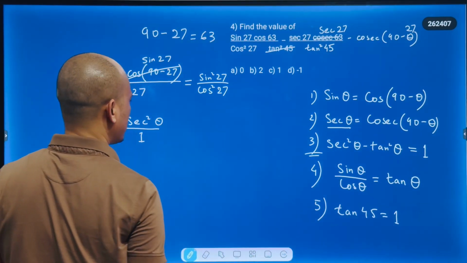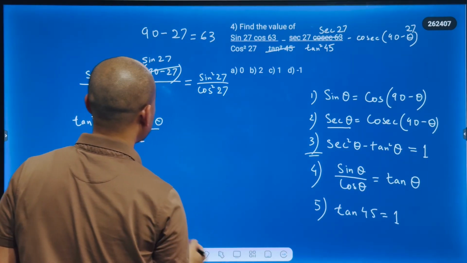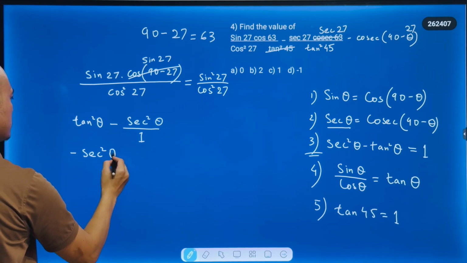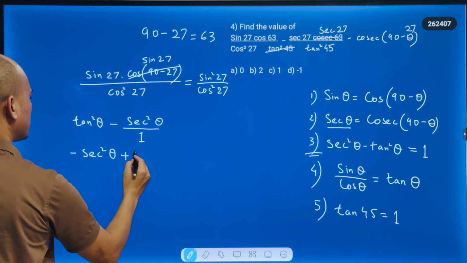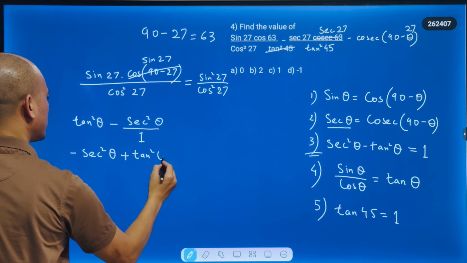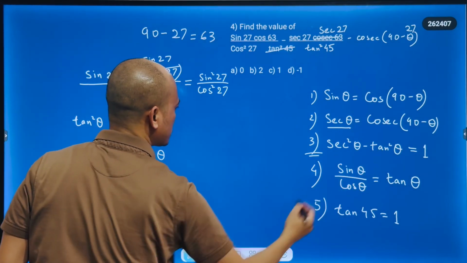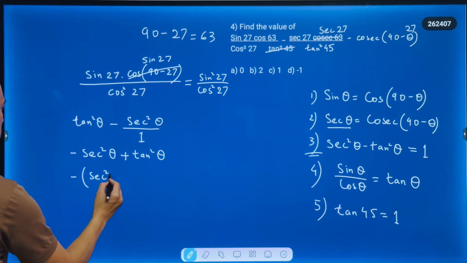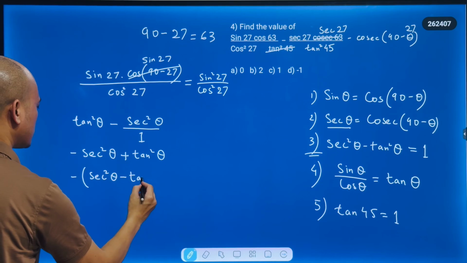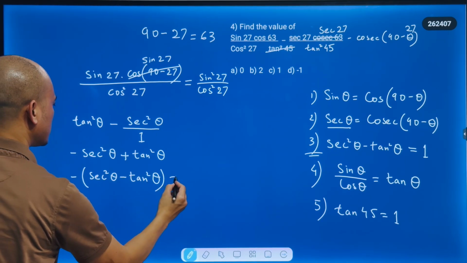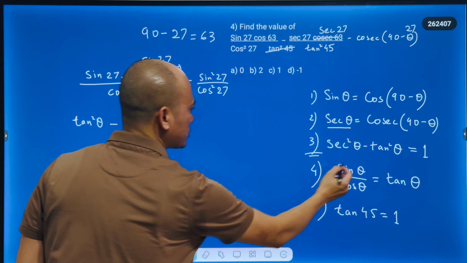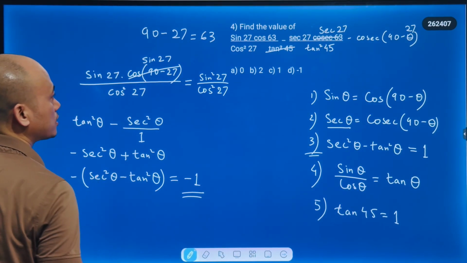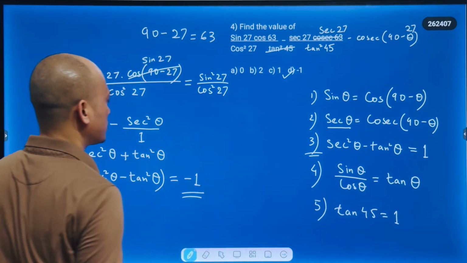Here you can see the sign, so we can write it in reverse as minus sec square theta plus tan square theta. So minus into sec square theta minus tan square theta is equal to 1. So we put this as minus 1, which is the correct option, minus 1.